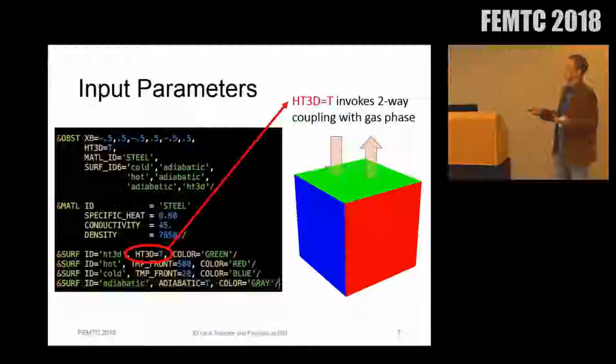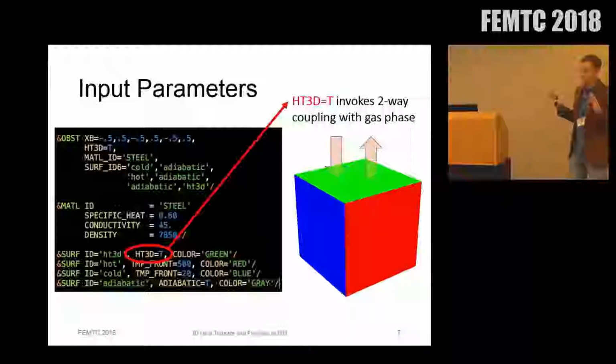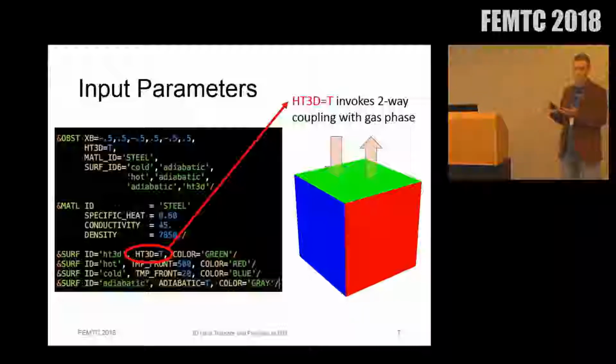So in an obstruction, which is made up of several Cartesian cells in FDS, you just go in and say HT3D is equal to true, and this will invoke the 3D heat transfer model. Again, I'm taking this example from a case where I'm just doing heat transfer. I'm not doing pyrolysis yet. So my object maybe is to just do heat transfer in a steel column or something like that.